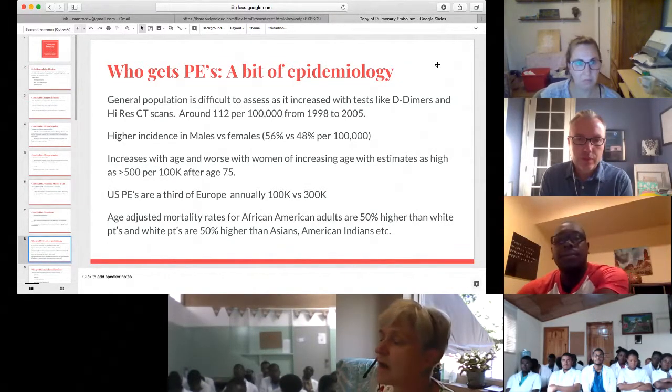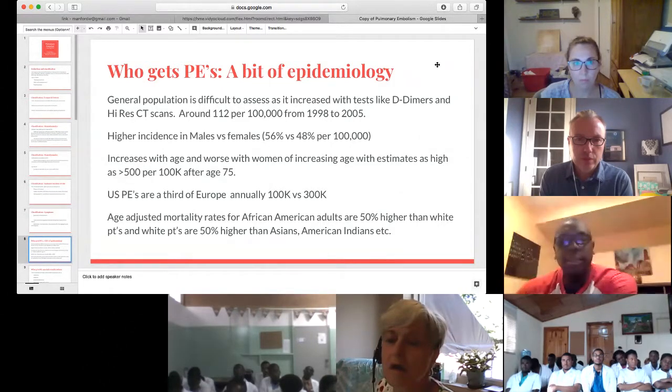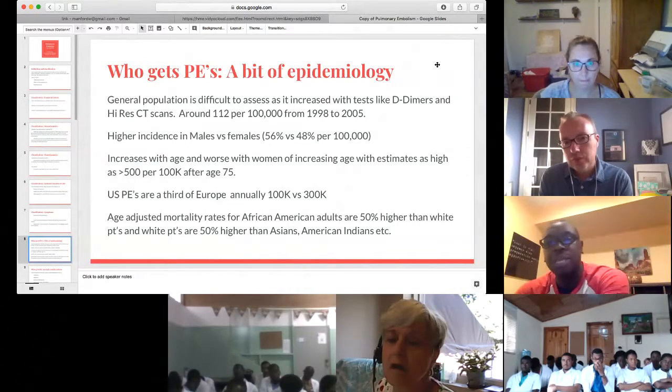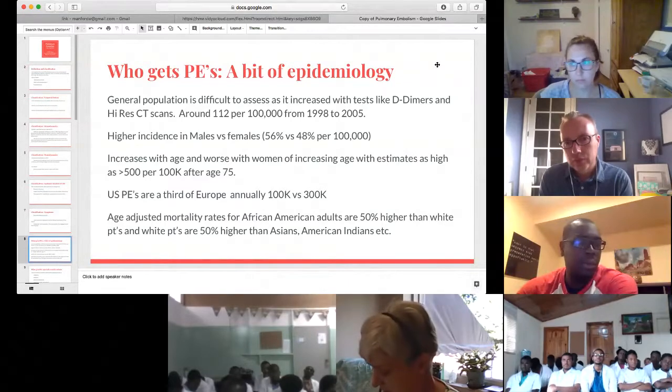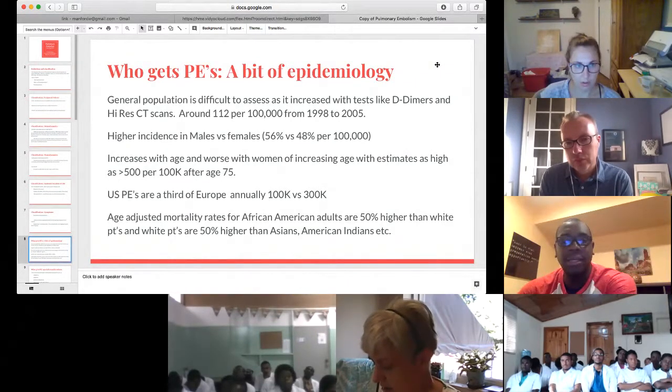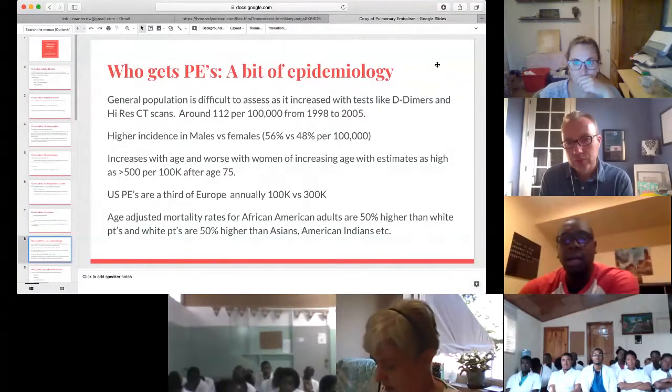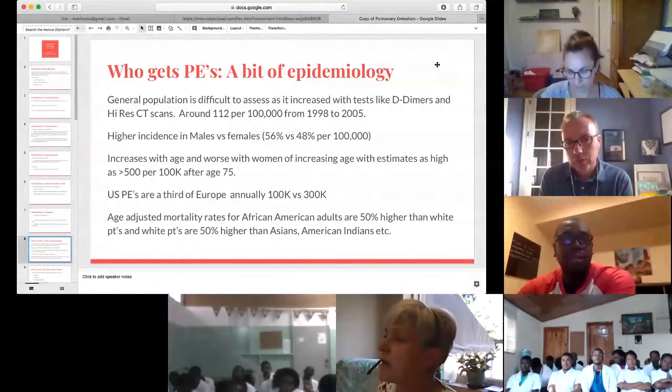Alors, c'est un petit peu difficile aussi d'analyser l'incidence de l'embolie pulmonaire dans la population mondiale parce qu'au cours de ces dernières décennies, il y a une forte augmentation du diagnostic d'embolie pulmonaire, tout simplement parce qu'on performe des examens soit sanguin avec le D-dimer ou le scanner à haute résolution ou d'autres causes.